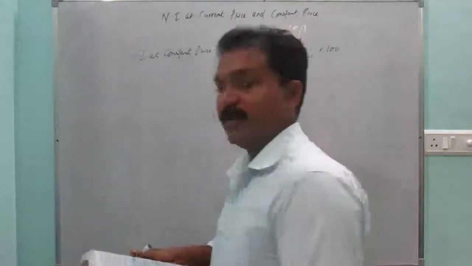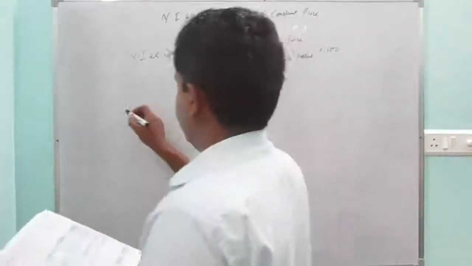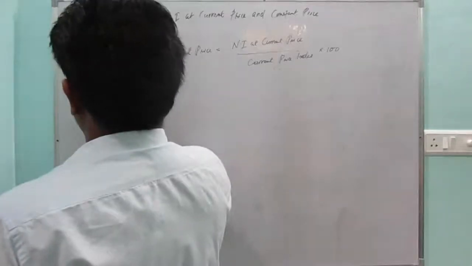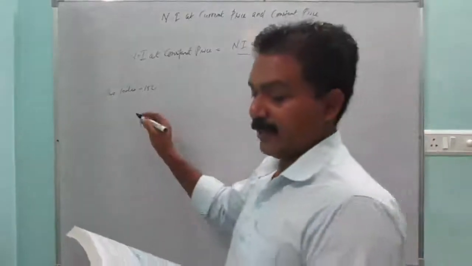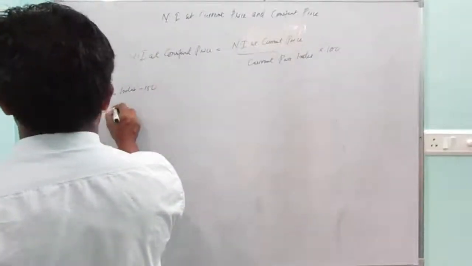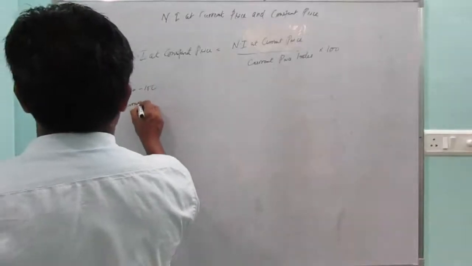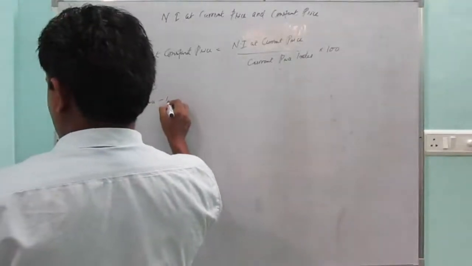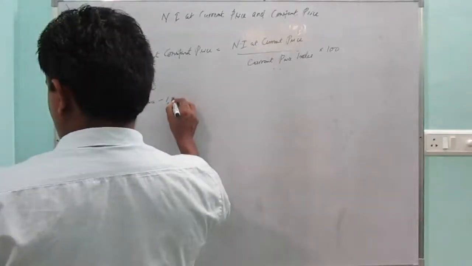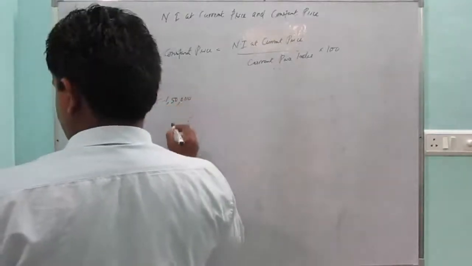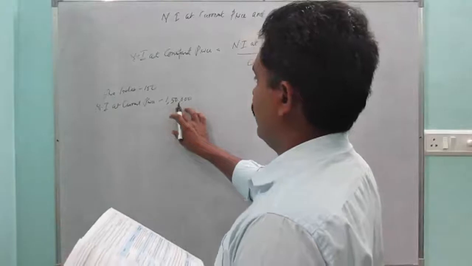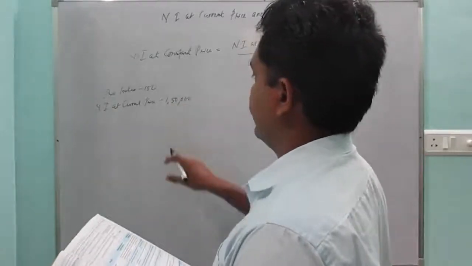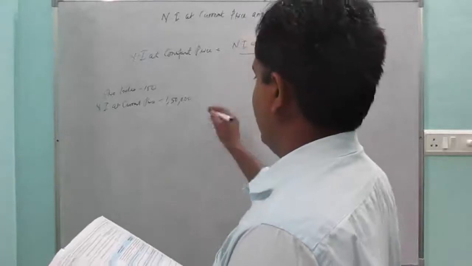So, for example, if the price index for the current year is 150, and national income at current price is one lakh 50,000 crores.